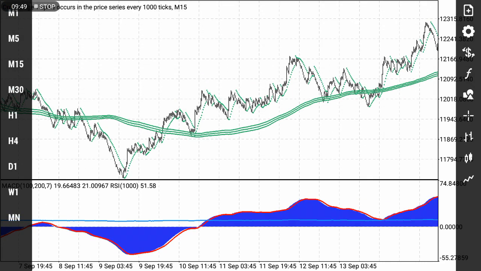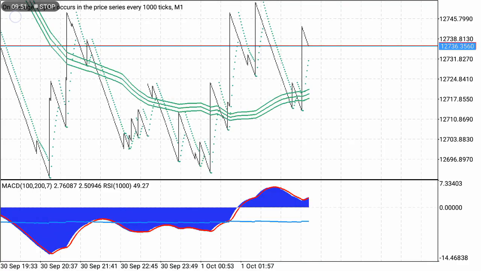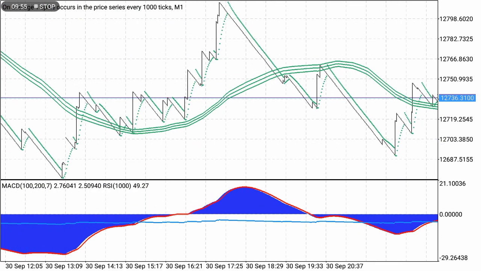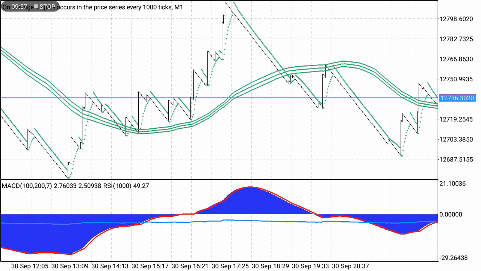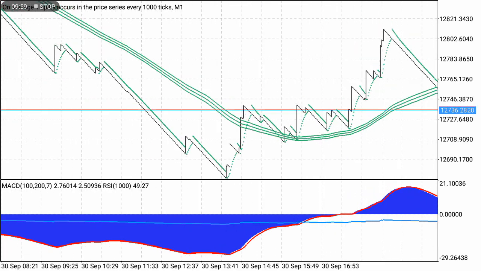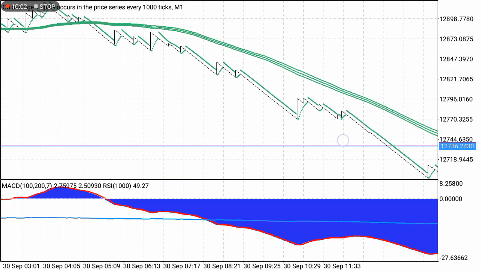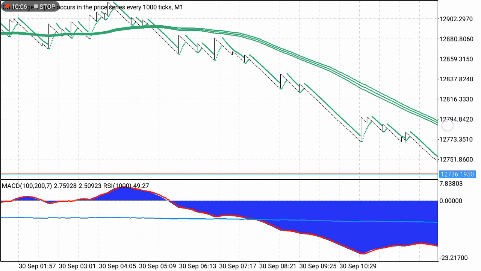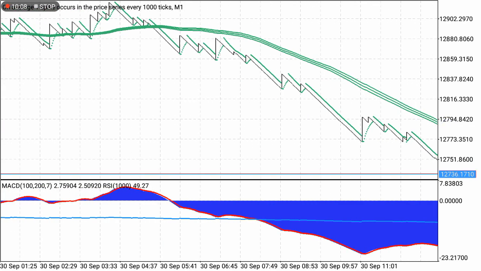If you want M1, a lot of people use M1. Look here, a buy, MACD and 3 confirmations, as I told you. Look here, a sell, look here, a sell, and look at this point, it continuously started going down.